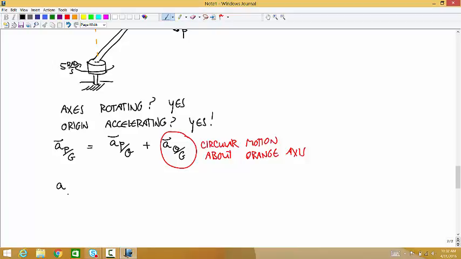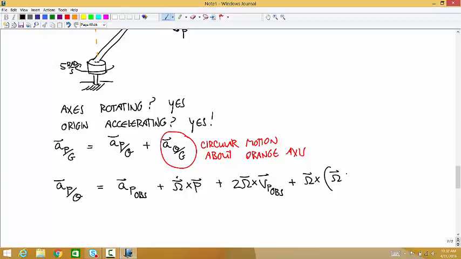And then the acceleration of P relative to the origin, we have to use this approach. It's equal to the acceleration of P observed plus capital Omega dot crossed with P plus 2 times capital Omega crossed with the velocity of P observed plus capital Omega cross quantity capital Omega cross P.